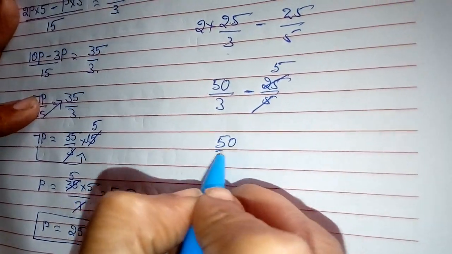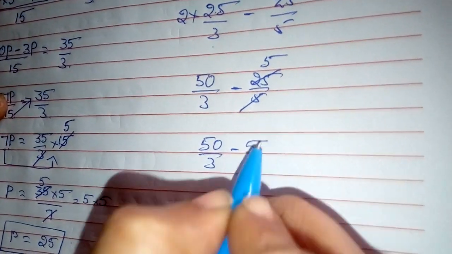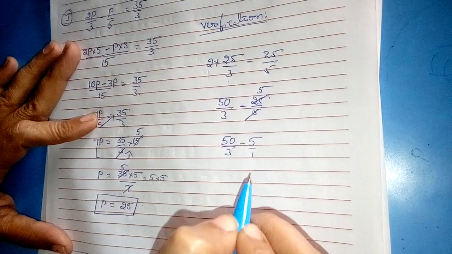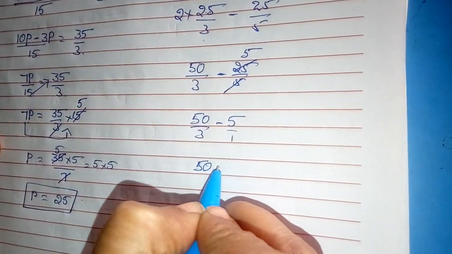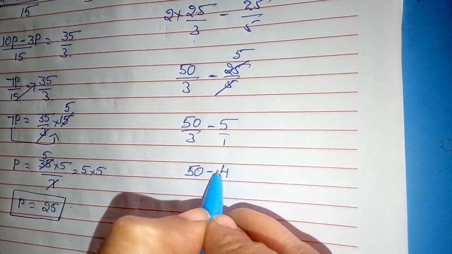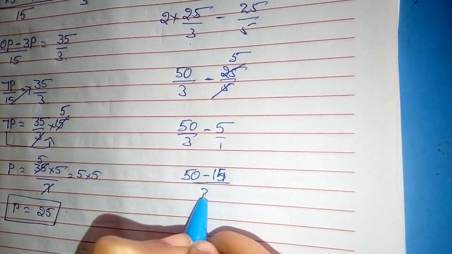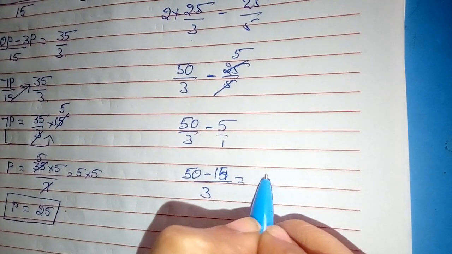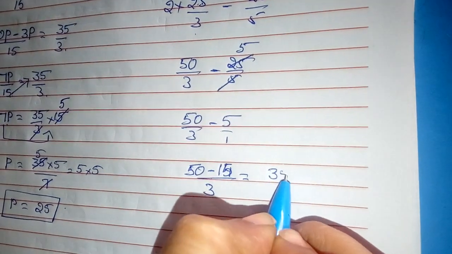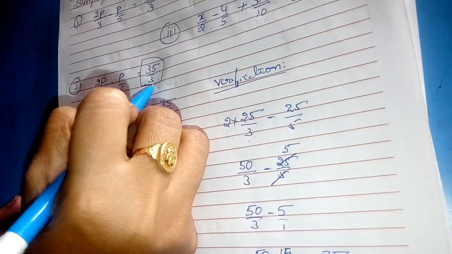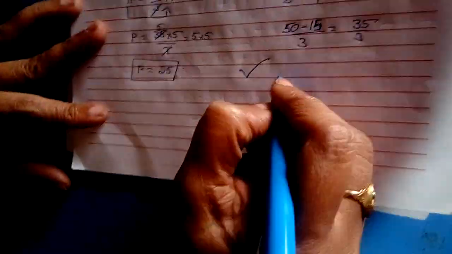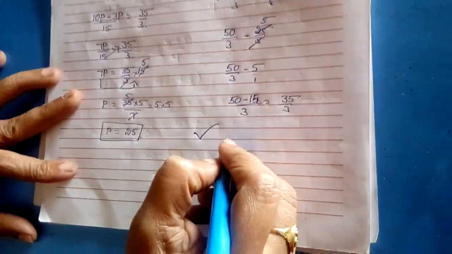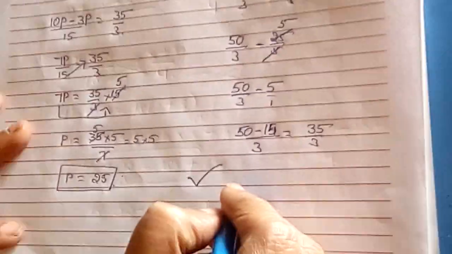Then 50 by 3 minus 5. Now 3 ones are 3, so 15 by 3. 15 minus 15 is equal to 35 by 3. Now we got 35 by 3. So what we did, that p is equal to 25, is correct. Our solution for the p value is correct.